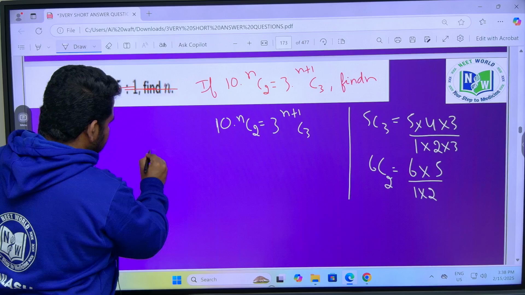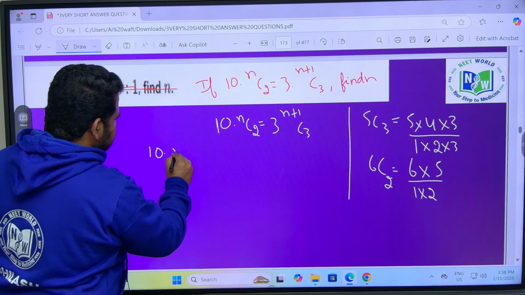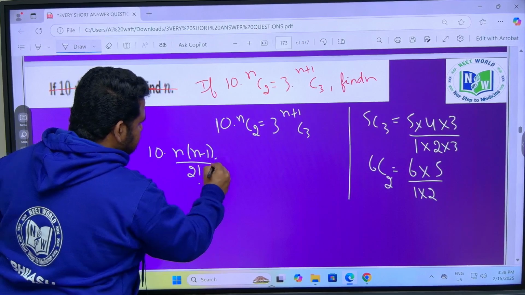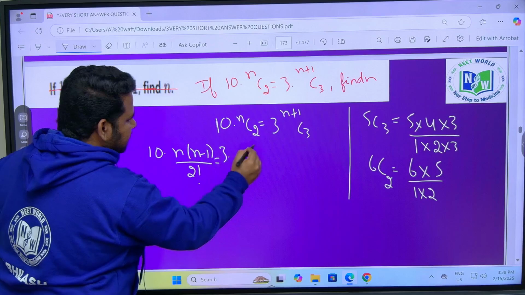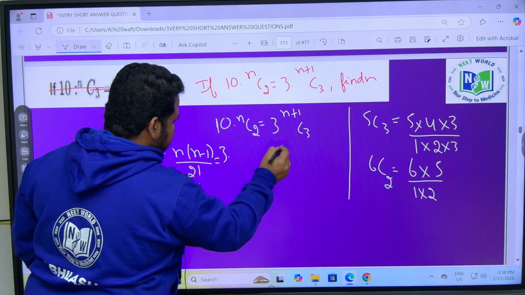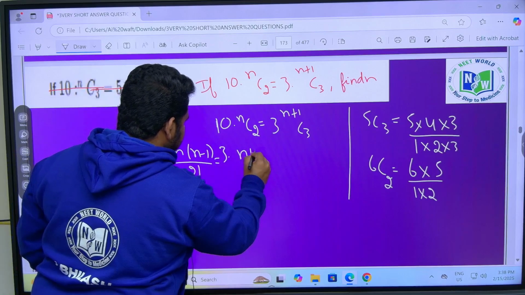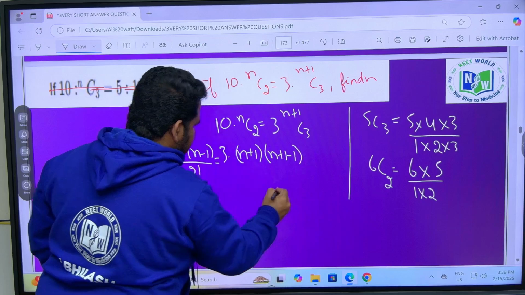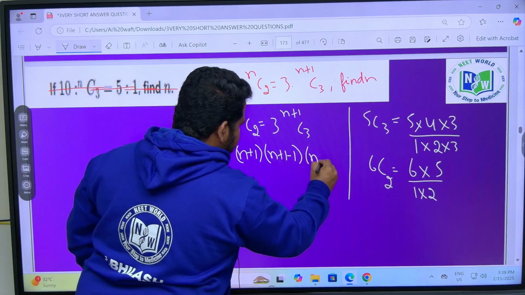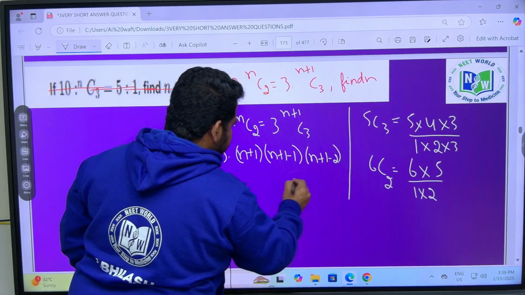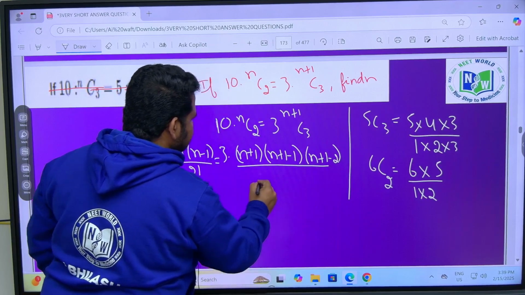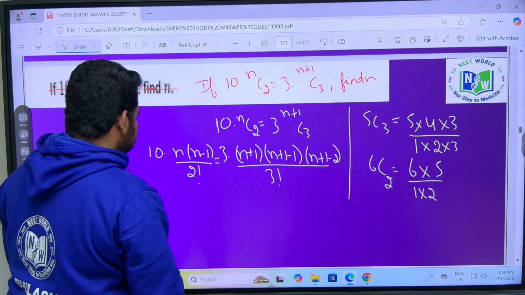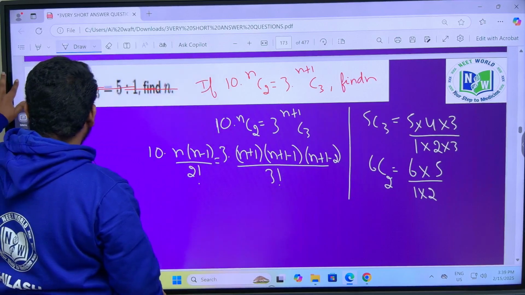So this will become 10 into n into n minus 1 divided by 2 factorial, equal to 3 into n plus 1. 3 multiples I need: n plus 1 into n plus 1 minus 1 into n plus 1 minus 2, divided by 3 factorial.